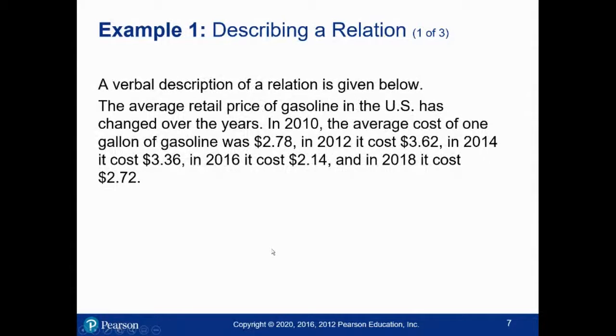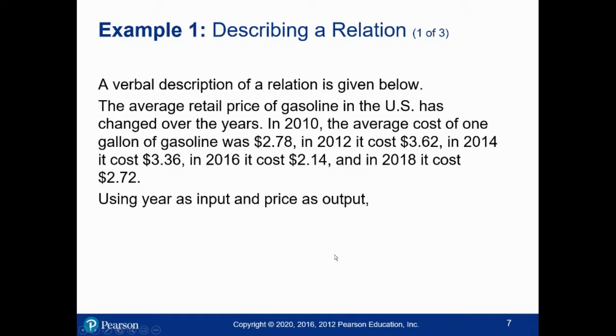Okay. So first example, a verbal description. In 2010, the average cost of gas was $2.78. In 2012, it was $3.62. In 2014, $3.36. In 2016, it had come down to $2.14, and in 2018, it was back up a little bit to $2.72. Okay, now it's actually lower again.